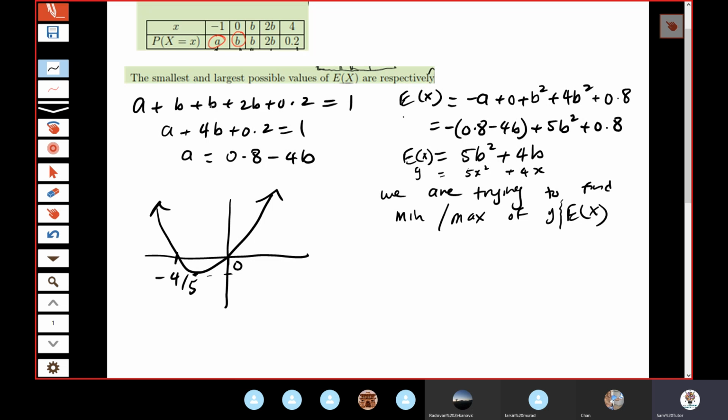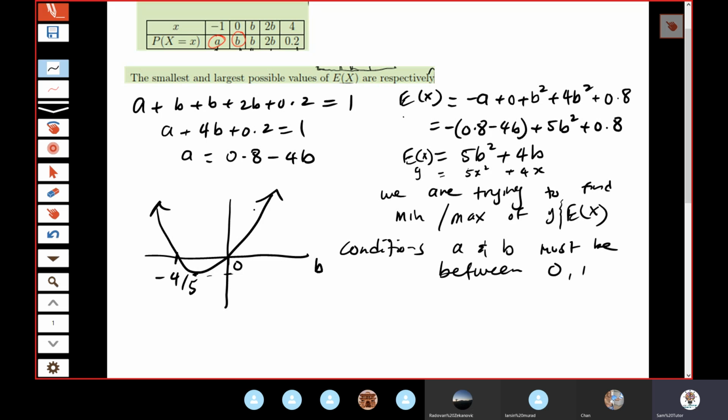The problem is, because we're not doing just basic functions, we are dealing with probabilities, we actually have conditions. The conditions are that a and b must be between 0 and 1.